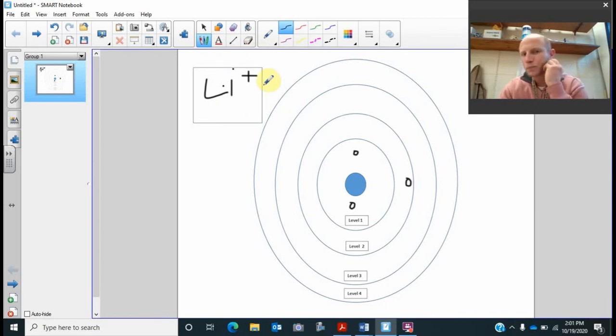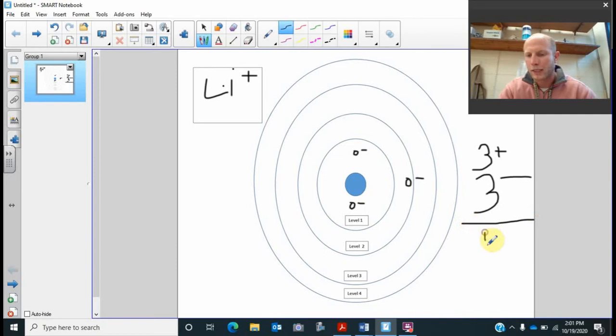The electrons are all negatively charged, and so we have 3 positives in a normal lithium atom, and then we also have 3 negatives. If we do some simple math, that gives us 0, which means a neutral charge, okay? But we don't want that.